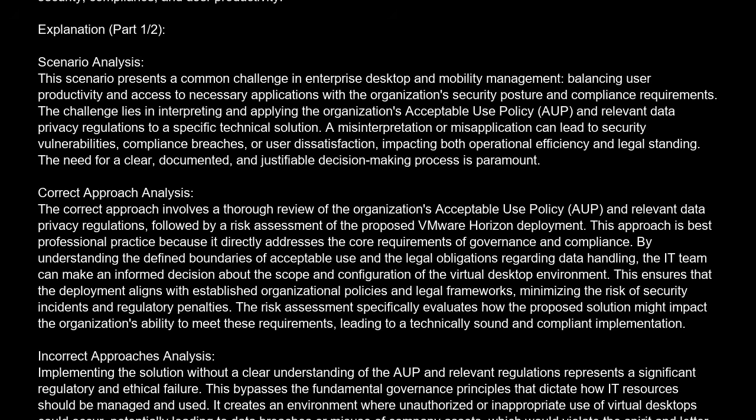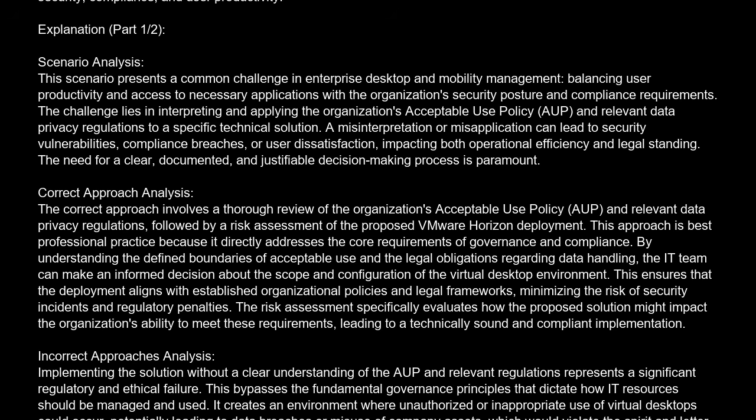Correct approach analysis. The correct approach involves a thorough review of the organization's acceptable use policy (AUP) and relevant data privacy regulations, followed by a risk assessment of the proposed VMware Horizon deployment. This approach is best professional practice because it directly addresses the core requirements of governance and compliance. By understanding the defined boundaries of acceptable use and the legal obligations regarding data handling, the IT team can make an informed decision about the scope and configuration of the virtual desktop environment.